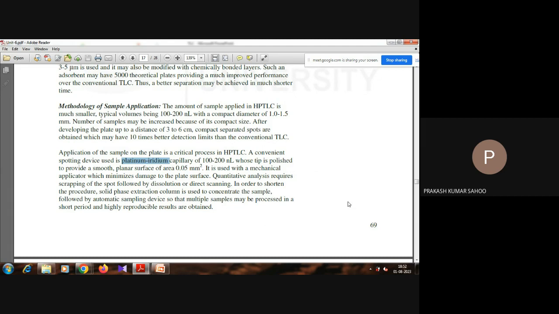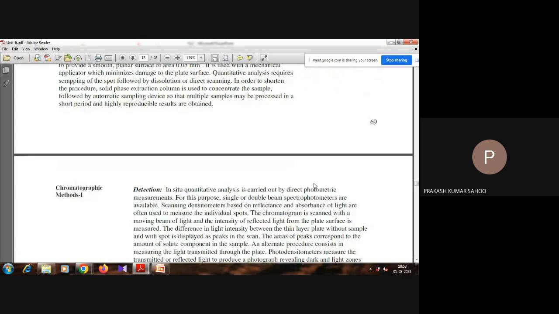It is very small. Also the capillary used is the platinum iridium capillary, whose tip is so polished that it gives a planar and smooth surface of area 0.05 millimeter square. So everything is very precise. That's why it has high performance.